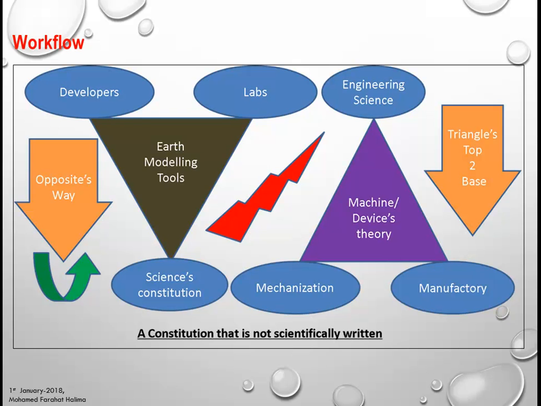So any machine, device, or tool has been invented by scholars, scientists, and legends through history, like Thomas Edison, Alexander Graham Bell, Abbas ibn Firnas, the Wright brothers, even Alfred Nobel.